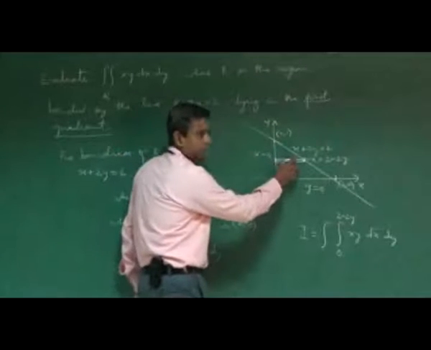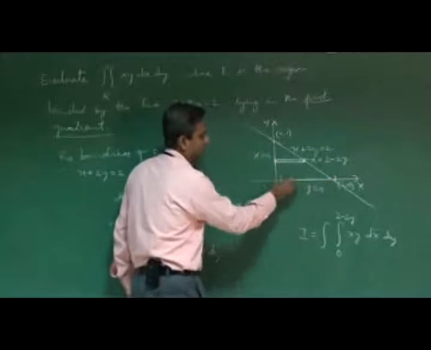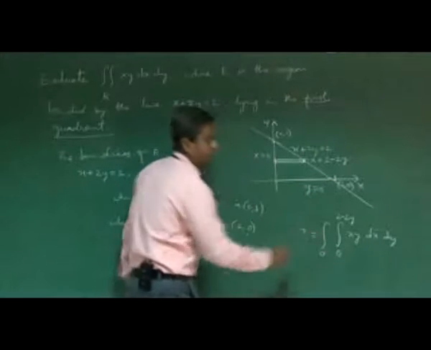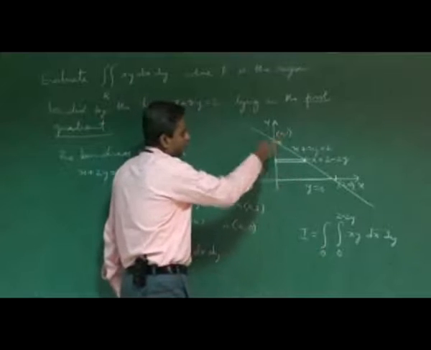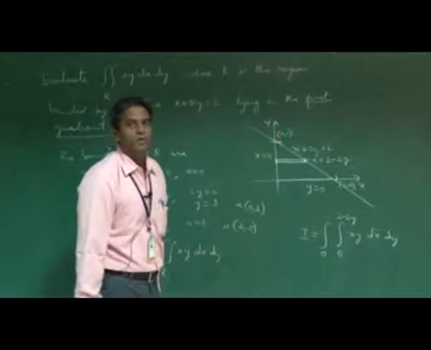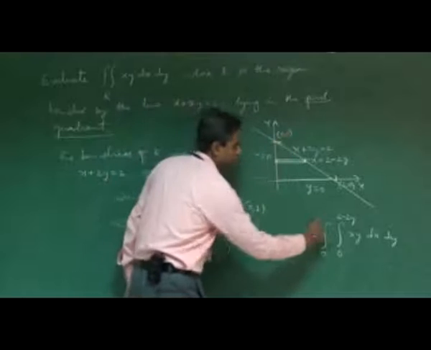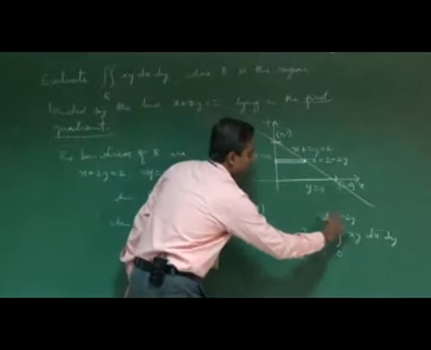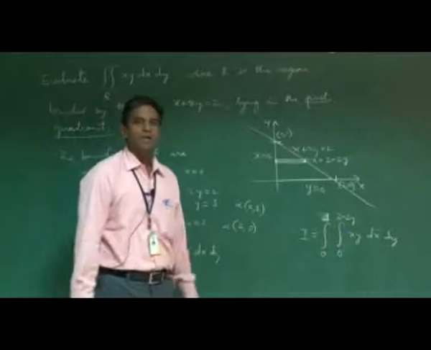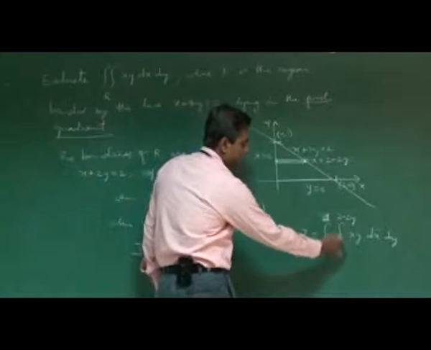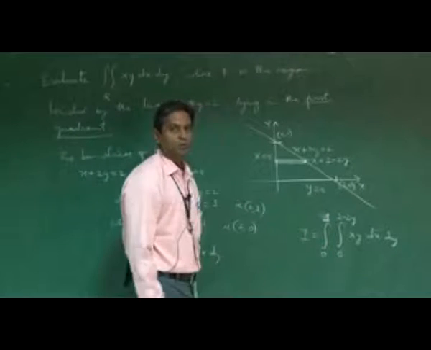We fix the small strip lying on the x-axis, so the lower limit of y is 0, and moving up, the small strip meets the point 0 comma 1, where the y value is 1, so the upper limit of y is 1. So we have the limits of x as 0 to 2 minus 2y, and the limits of y as 0 to 1.